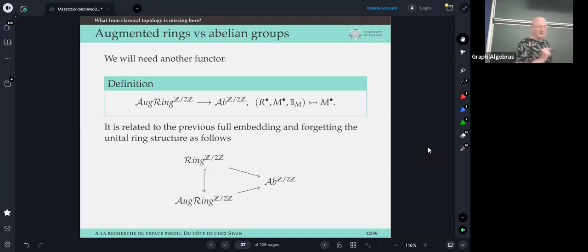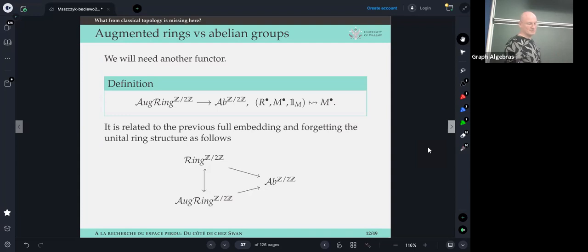So this is very important. This is not like forgetting the ring structure on the level of R. It's taking this module part, and we are forgetting the module structure over this ring. And these two functors, this full embedding and this forgetful functor to abelian groups, form the following commutative triangle.